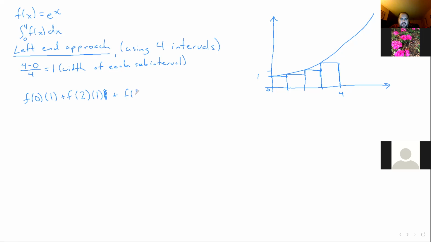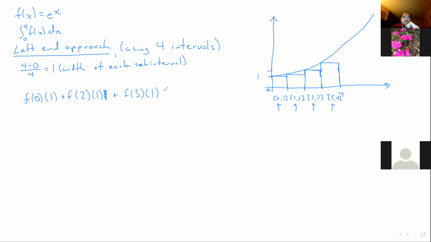Here's what I heard. I'm sorry if I missed you or you cut out, but I only see 3 areas so far. And then f of 4 times 1. Not f of 4. Remember, you're using the left-hand approach, right? Your sub-intervals are from 0 to 1, 1 to 2, 2 to 3, and 3 to 4. The left end of each interval is going to be 0, 1, 2, and 3.